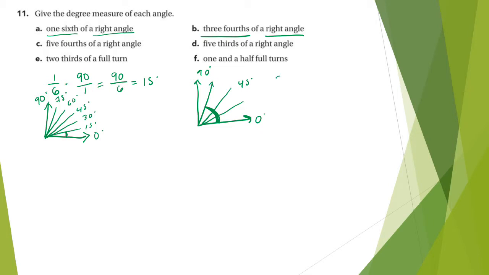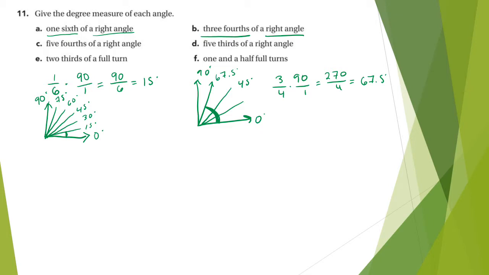You could, again, multiply 3/4 times 90. That would get you to 270 over 4, which would get you to 67.5 degrees, which is that value right between them. So again, that answer is 67.5 degrees.